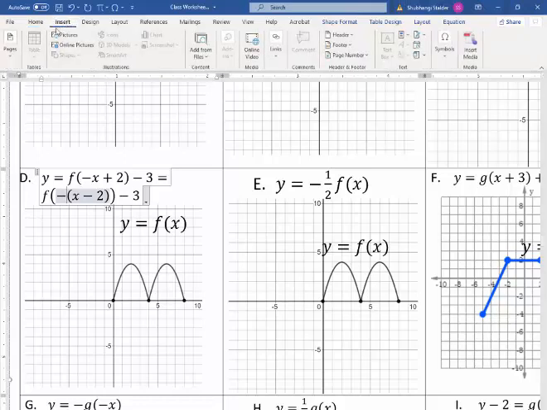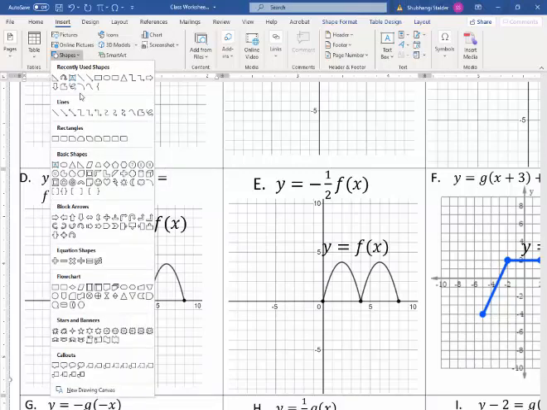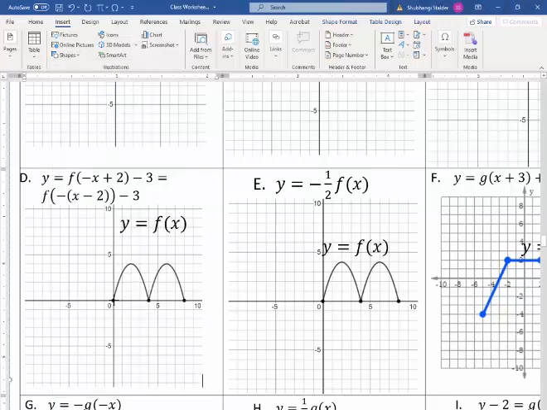So actually, let me go here and get your shape. Isn't it flip? Yes, which way is it going to flip? Oh, is it a reflection? Yep, which way though? To the left? To the left, yep, you got it.